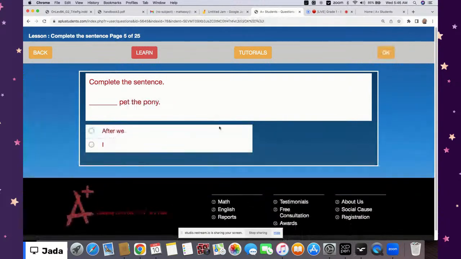Dash pets the pony. After we pet the pony or I pet the pony. Is it I or after? What's the right answer?